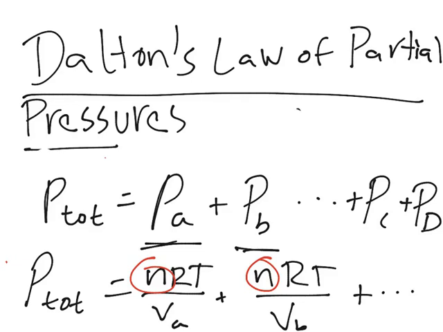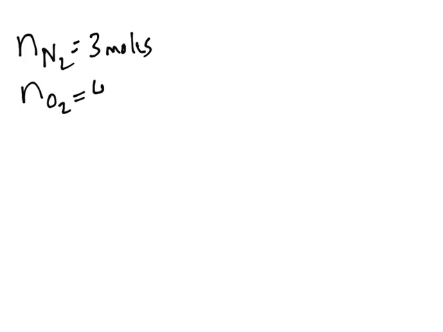So let's solve a problem to show you how it goes. Our problem says that we have 3 moles of nitrogen and 4 moles of oxygen. So let's write that first. The number of moles of nitrogen is 3. The number of moles of oxygen is 4.